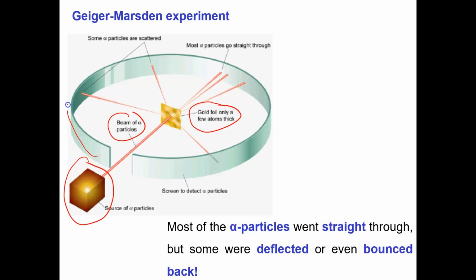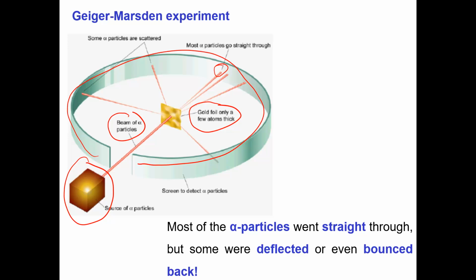Around their gold foil, they set up a screen that had been coated with a material that glows when a charged particle hits it, similar to what J.J. Thomson did when he was looking for electrons. And so they're going to be able to see by flashes of light where the alpha particles arrive or are scattered. Now, remember what they were expecting is that most of the alpha particles or all of the alpha particles should go straight through undeflected.